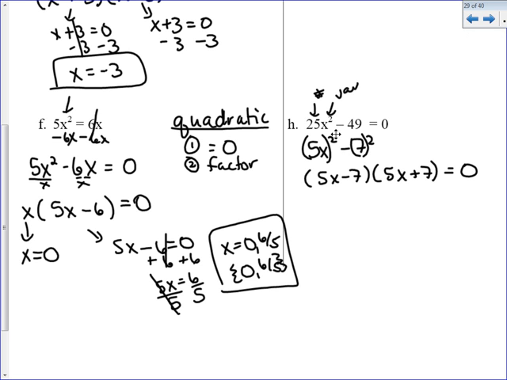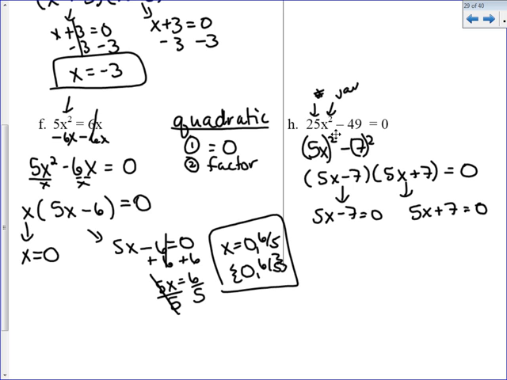How many solutions am I going to have? I have 1, I have 2. Are these exactly the same factor? No, so they are going to give two different solutions. They're just going to be the opposite signs. That's what's really going to happen. So I have 5x minus 7 equals 0, and 5x plus 7 equals 0.